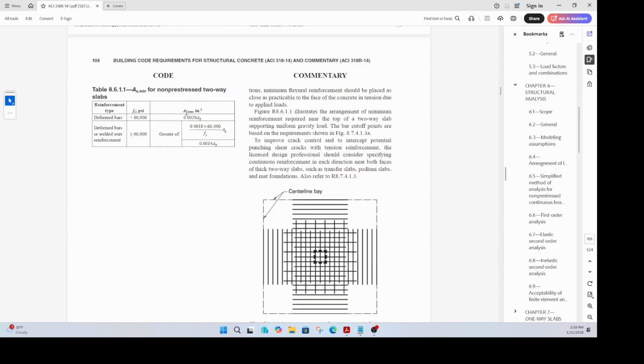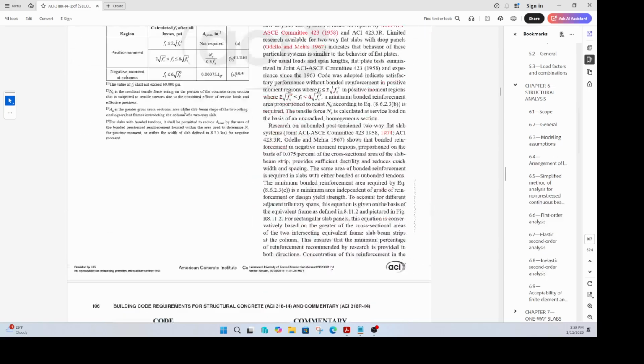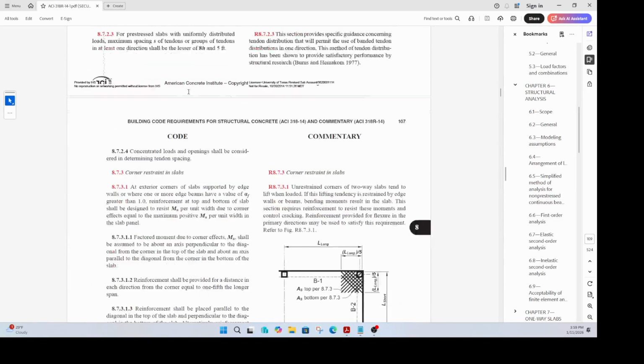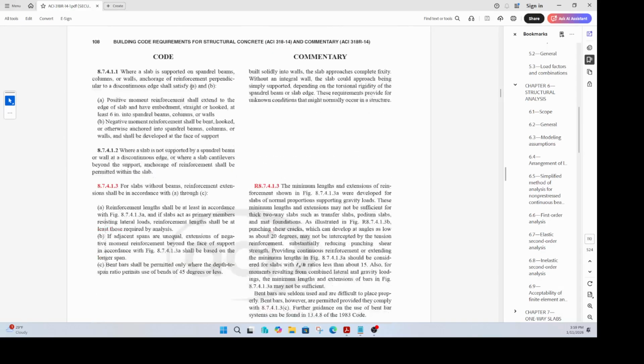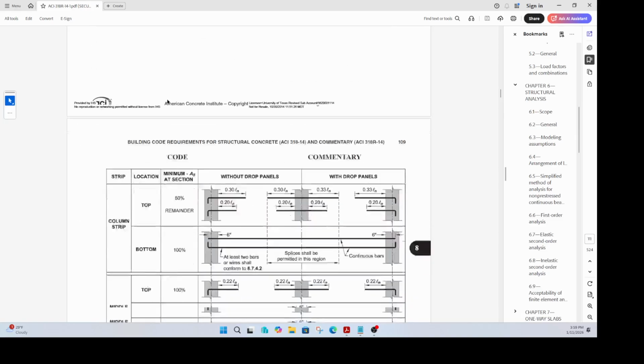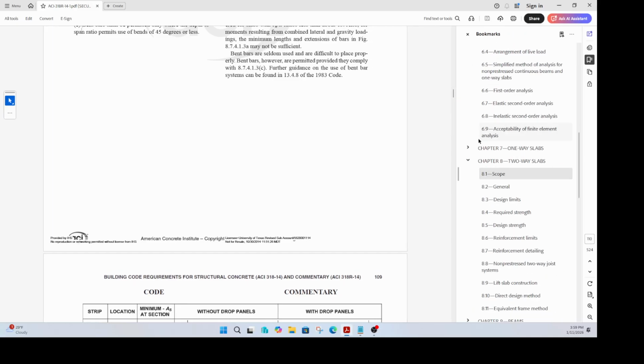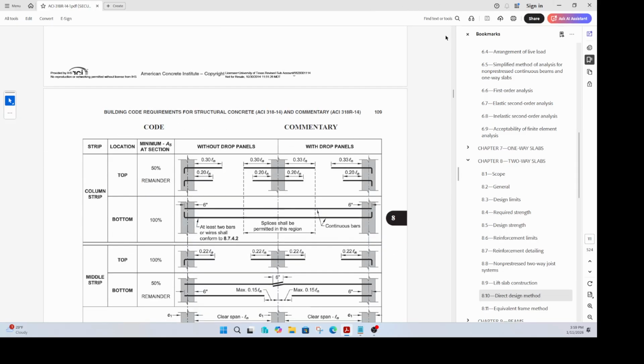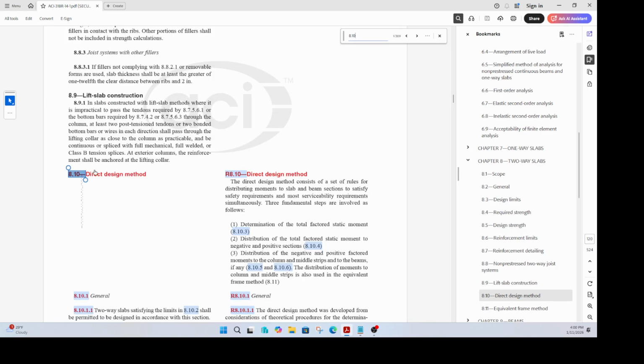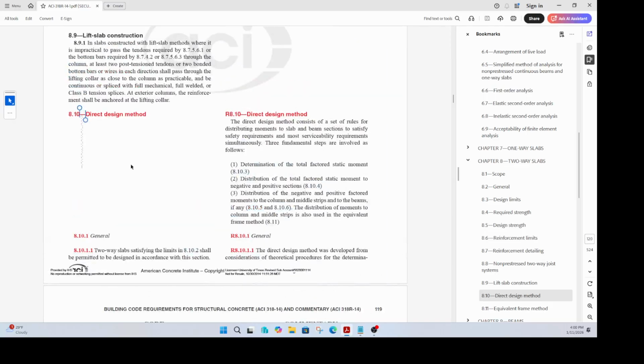Now let's not talk about reinforcement. We'll talk about another important topic, which is how you decide your design. It is called direct design method, DDM, which is 8.10. 8.10 is here.